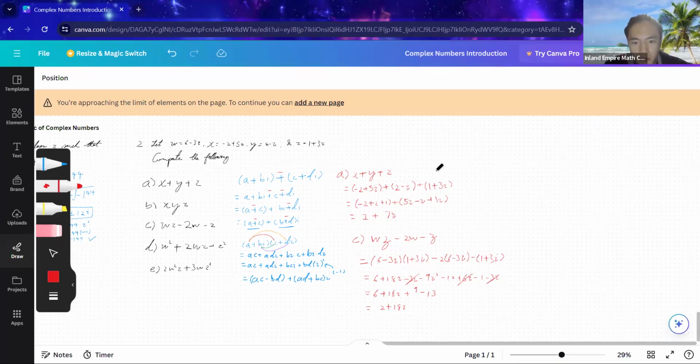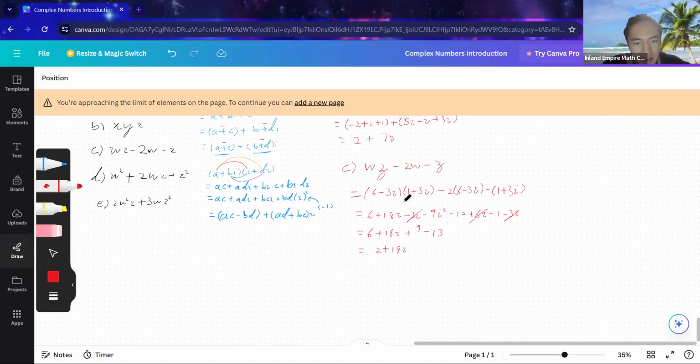Going once? Yeah, it is a lot of work. I know. But this is like when you first start working with complex numbers. Once you get used to it, you would not show this many steps.